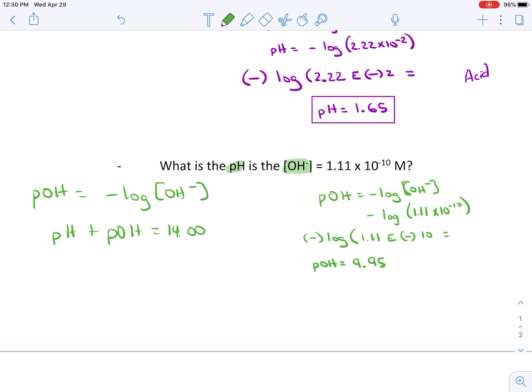We're not quite done. We've got pOH, and we need to get to pH, which is where we're going to use this formula now. We know that pH plus pOH equals 14. So if we plug in 9.95 right there, we can find pH. pH plus 9.95 equals 14, and we're going to subtract 9.95 from each side.